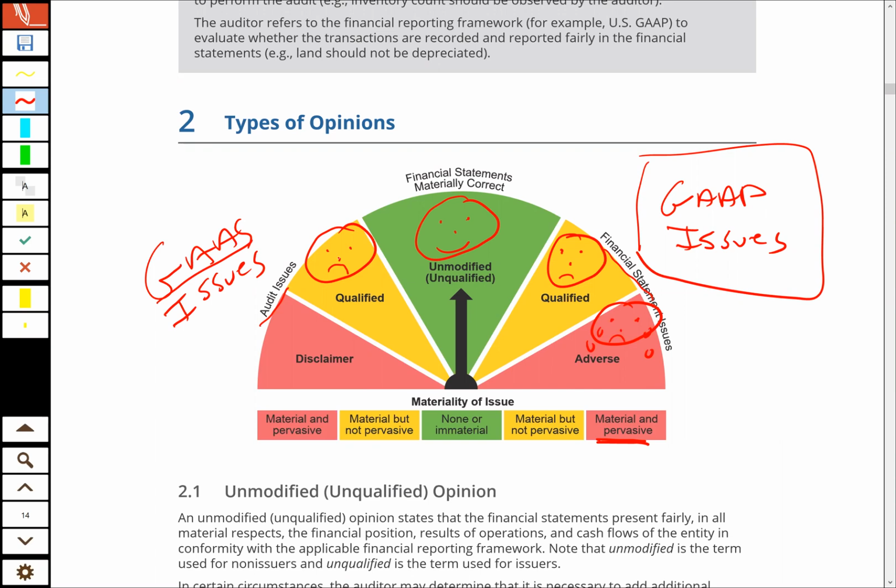Don't worry about it. Well, now you'd give a scope qualification, a GAAS qualification. You'd say, okay, your outfit looks fine, except for what I would have been able to tell you about the shoes had you had them available today for me to see, to make my judgment as to whether or not those are appropriate for the interview, right? You can't give an unmodified opinion if you haven't seen a material element of your buddy's outfit here. Shoes are a pretty material, important part of an outfit, especially for a job interview, right?